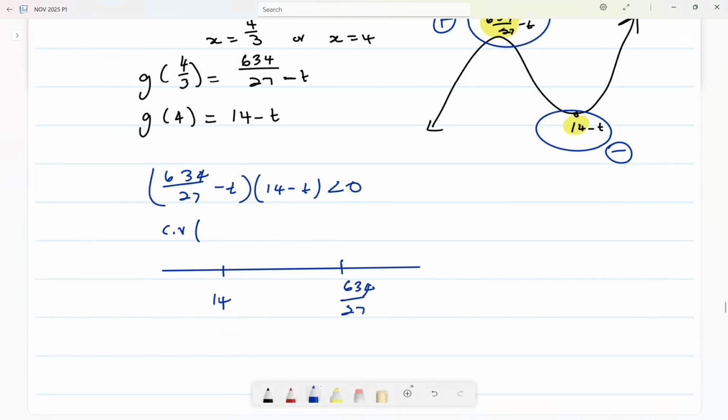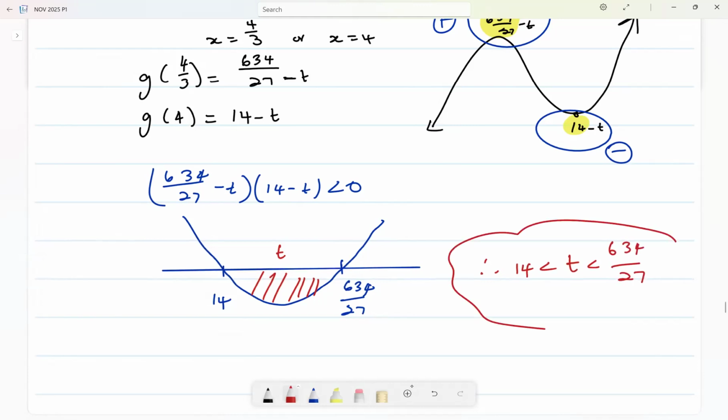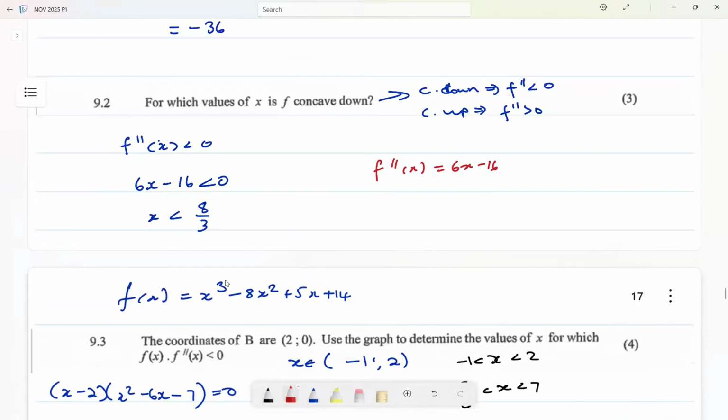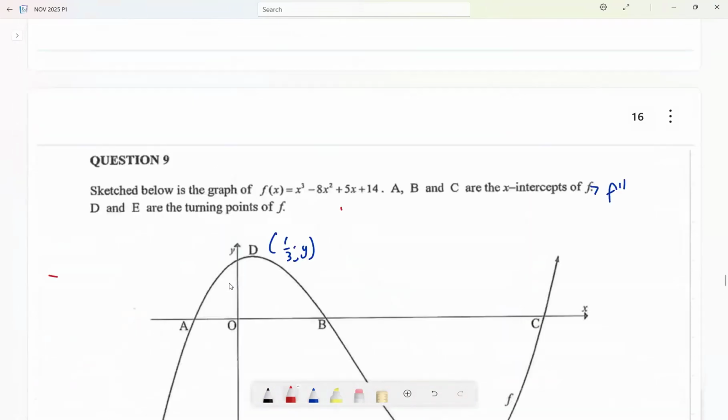The gradient is going to be positive, since it's negative by negative. So it's going to give me something like this. Where is it less than 0 on this portion? It tells me that t should be between 14 and 634 divided by 27. So this is how the value of t should be. Okay, it was an interesting one.